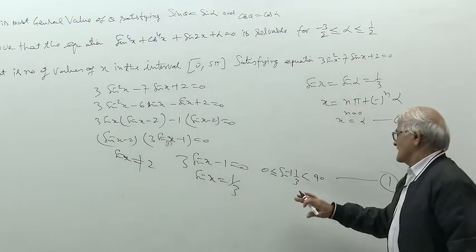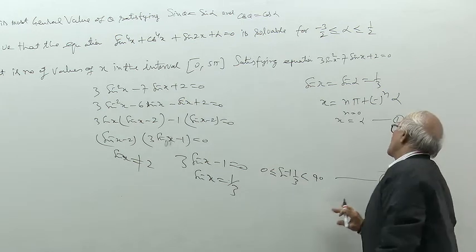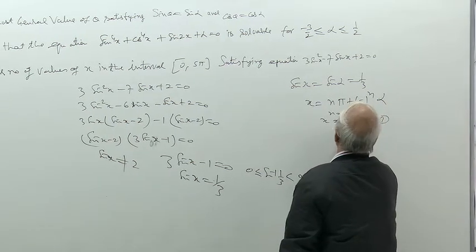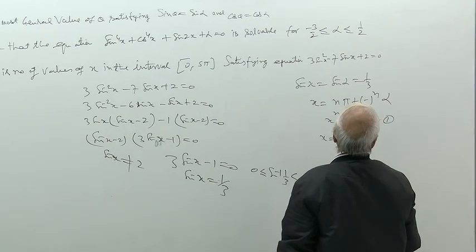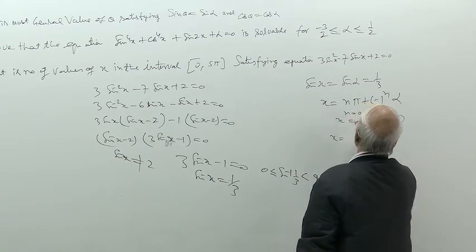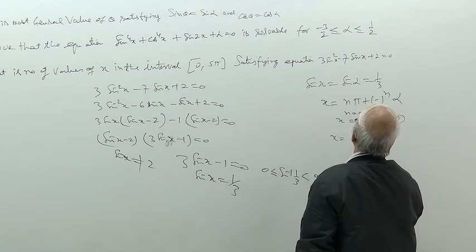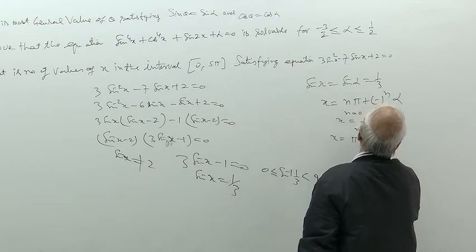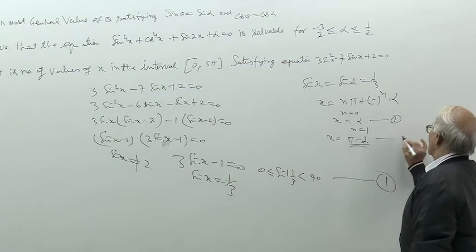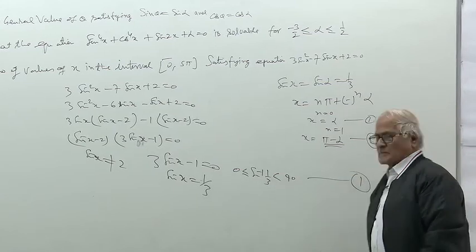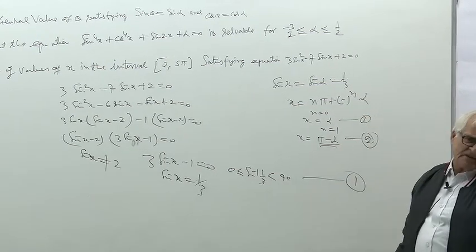Now take n is equal to 1, here it is pi minus alpha. So this will be the second value, pi minus alpha.